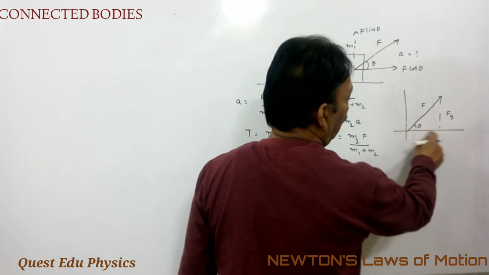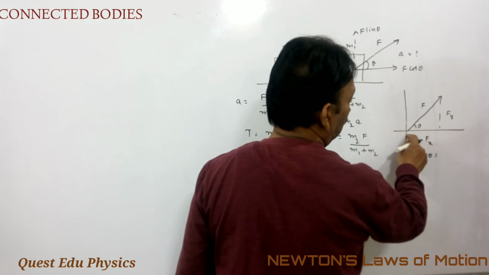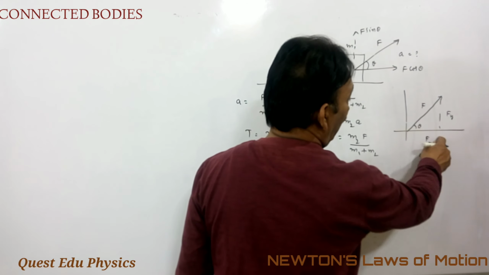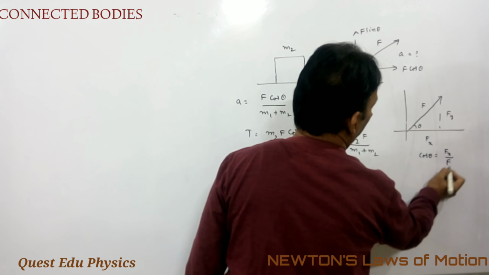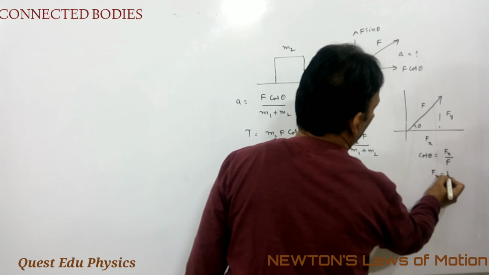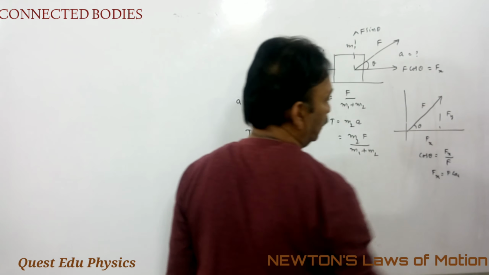To find Fx, you know that cos theta is adjacent by hypotenuse, Fx by F, that is Fx is equal to F cos theta, the component of the force along the x-axis.